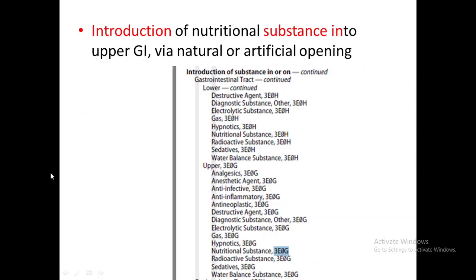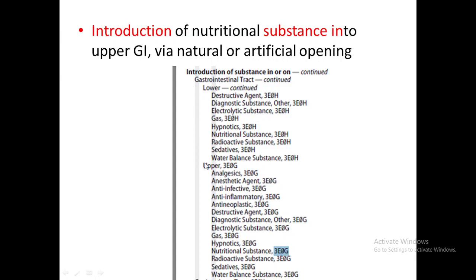And the second procedure will be introduction of nutritional substance, and this is under the administration section where we will use the term introduction of substance in or on. Because the nutritional substance is introduced into only the upper gastrointestinal tract, search for upper gastrointestinal tract. So first introduction of substance in or on, next gastrointestinal tract, and under gastrointestinal tract, upper GI.